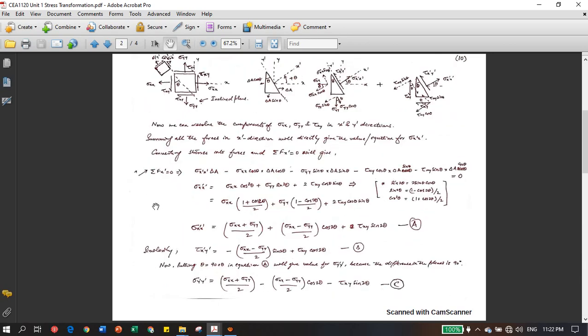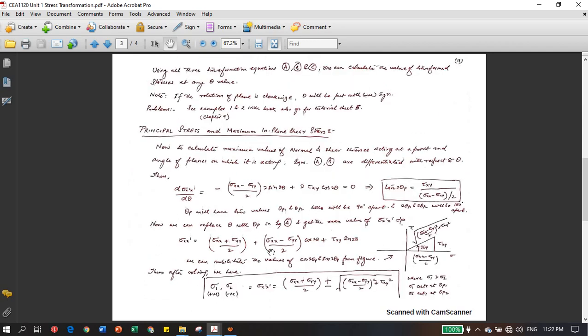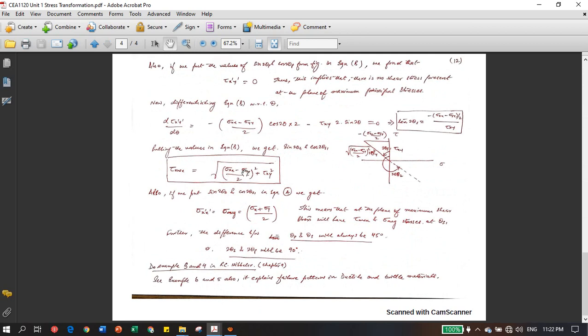What we get is this equation, from which you can calculate the maximum amount of shear stress that can be acting at a certain plane. And the angle of that plane will be theta s, or 2 theta s.